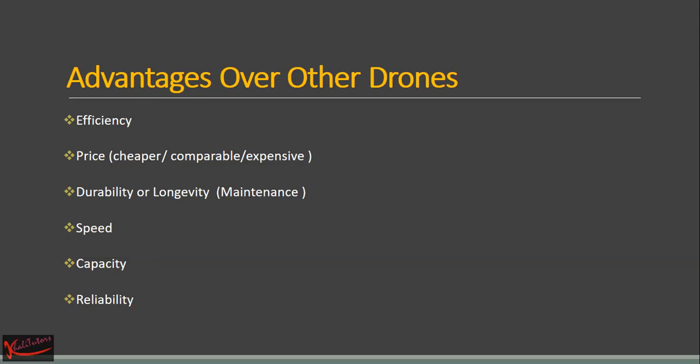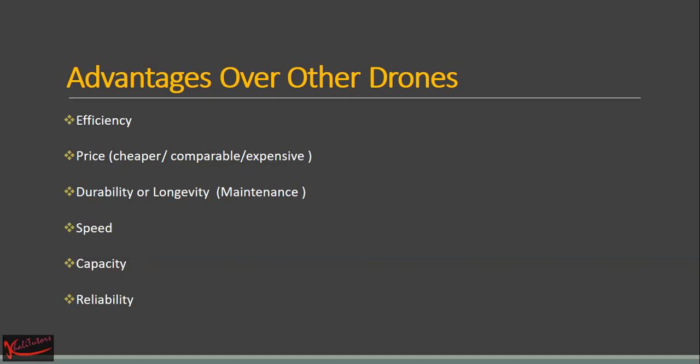Is it faster in executing the task? Is it faster in irrigating compared to other drones? Can it irrigate more land, that's the capacity? Can it cover more area compared to other drones, let's say in a single flight? Is it more reliable? Does it do exactly what you expect it to do? This is another angle.